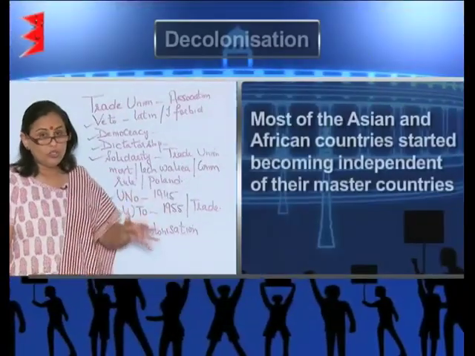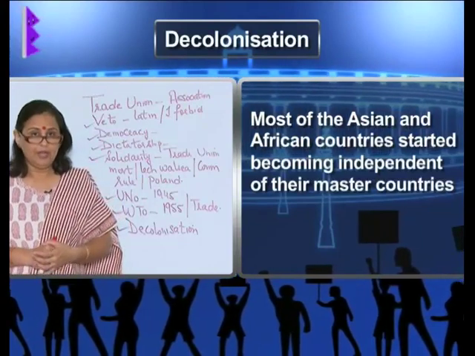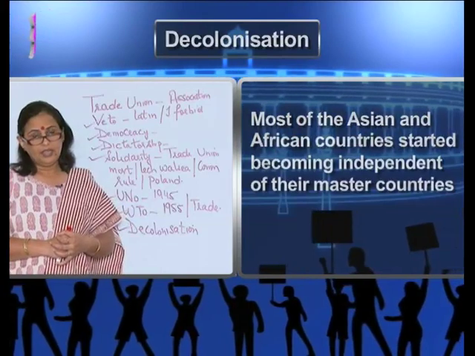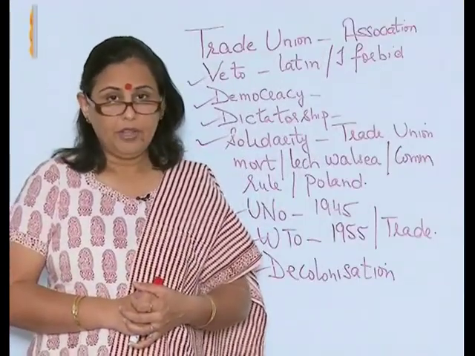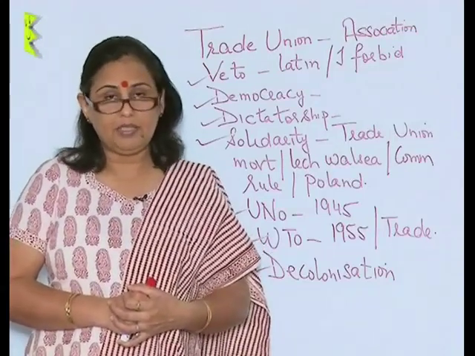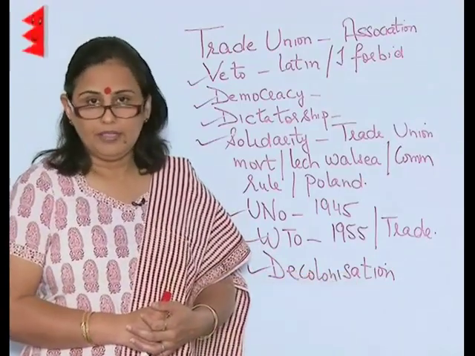That is, most of the Asian and the African countries started becoming independent of their master countries. That is, they sought and they got freedom and were free from the clutches of their European masters, which is better termed as decolonization.